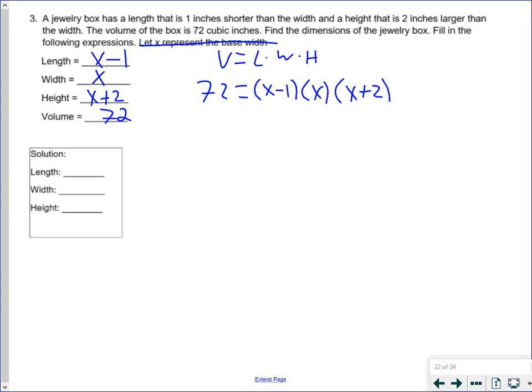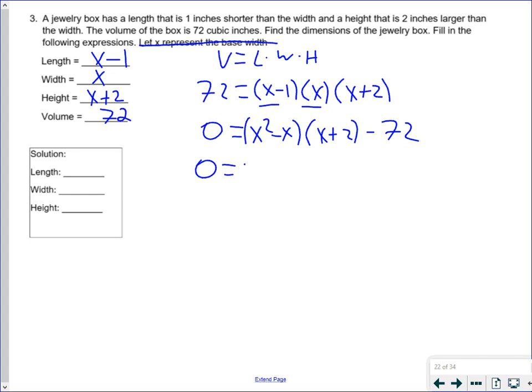Okay? So we're going to multiply everything and move the 72 over. So we get 0 equals (x squared minus x) times (x plus 2) minus 72. I multiply x minus 1 and x, and I move the 72 over to the other side. I'm going to keep multiplying everything.